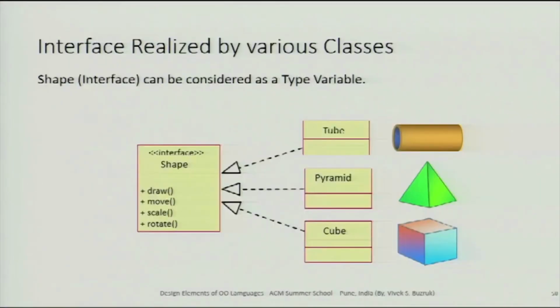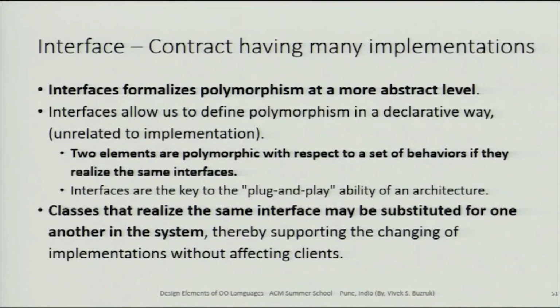So this is an example that you might have seen many times. Shape is one other class that you might have, a standard one. Now it is a shape interface, and again there are different operations, and these operations may be implemented by tube in some way, pyramid in some way, and cube in some way. So it is realized by various classes, polymorphism again.